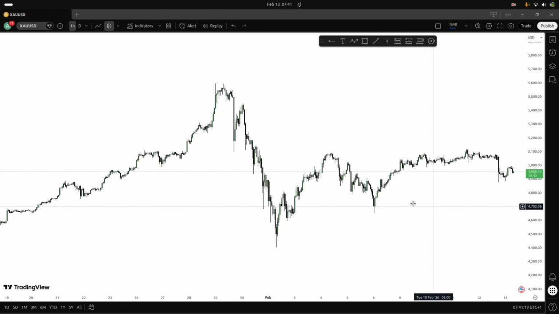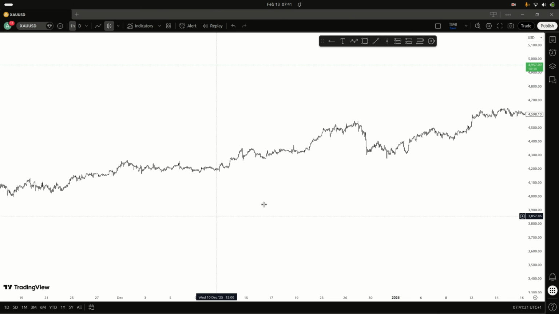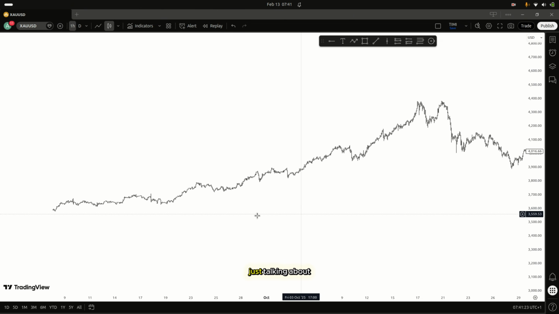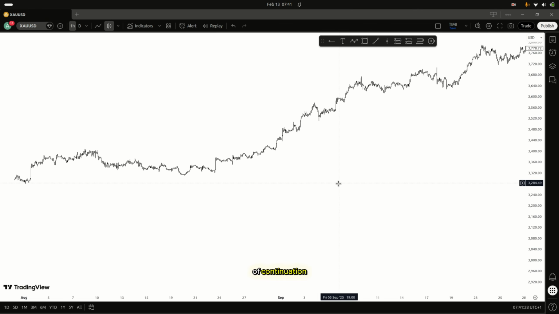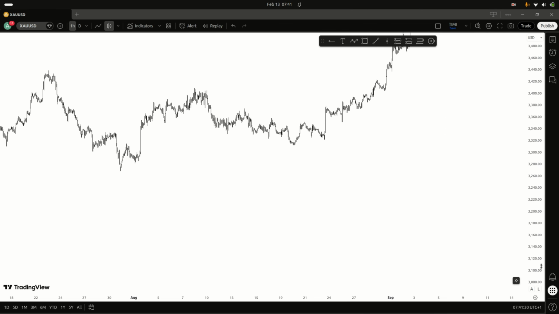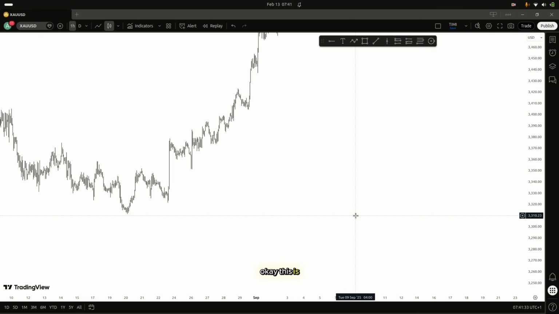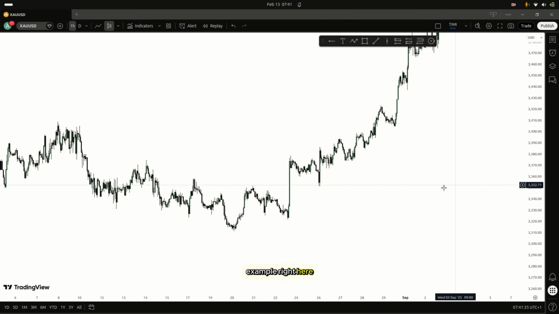Okay, so we are just talking about the concept of reversal and the concept of continuation. This is a very beautiful example right here.